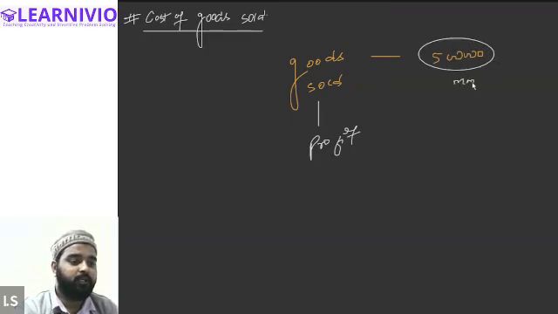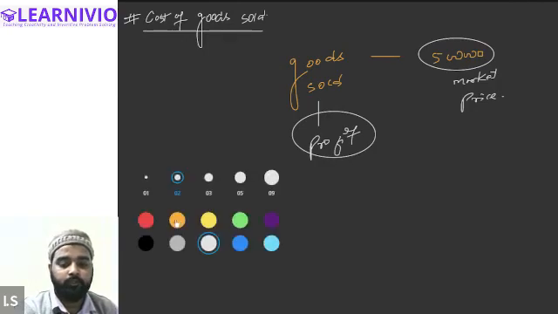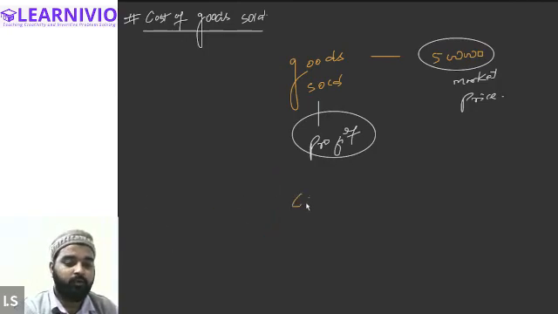Let's say the market price of the goods sold to the customer is 5 lakh. Now, in order to determine the profit of the company, we need to find out the cost of the goods sold. Cost of goods sold basically means the cost price of all the goods that have been sold to the customer.